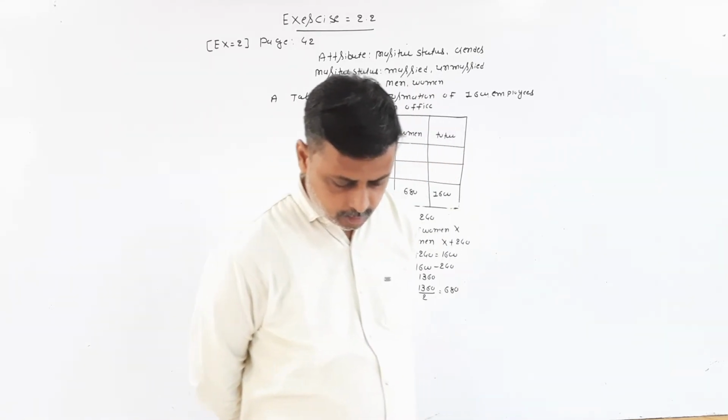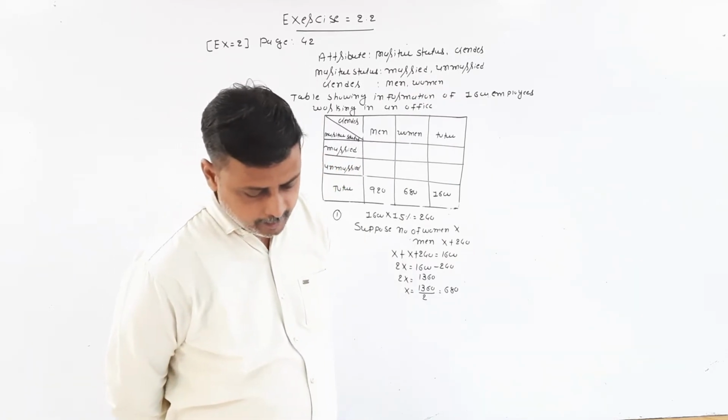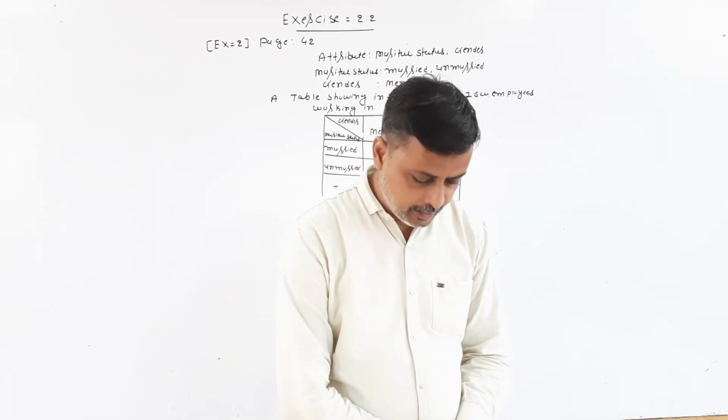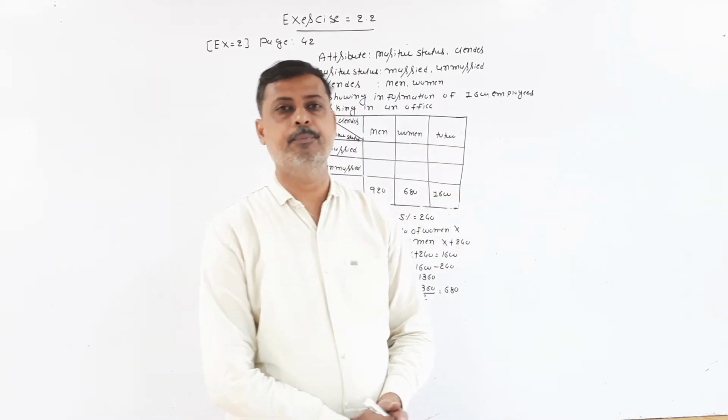Then the number of unmarried employees are 800 less than the number of married employees.